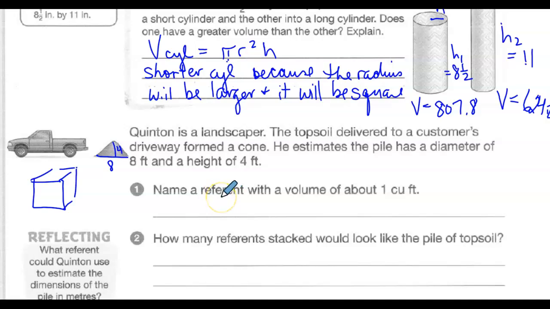So a referent is some object that you might have in your house or at school that has a volume of about 1 cubic foot. So if we had a perfect cube that had dimensions of 1, then that would be 1 cubic foot. So think about a box that's that big.